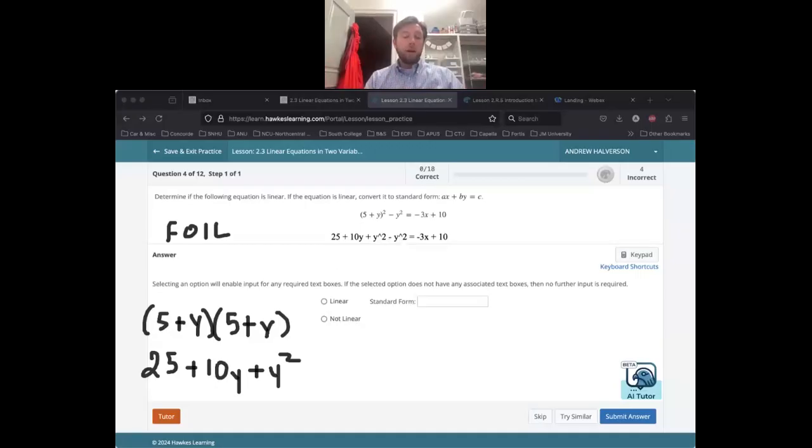So what does this simplify to? 25 plus 10y equals negative 3x plus 10. Do y'all see how I got this? The y squares went away because they cancel with each other, leaving this part. Y'all see that?